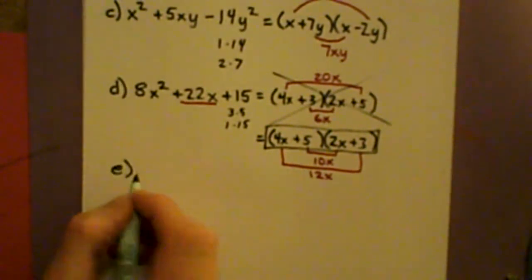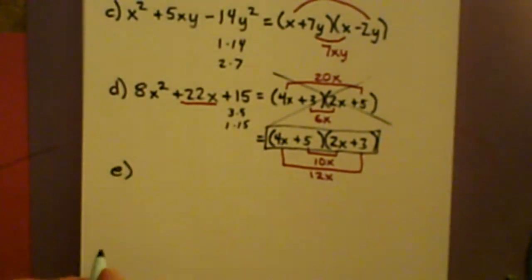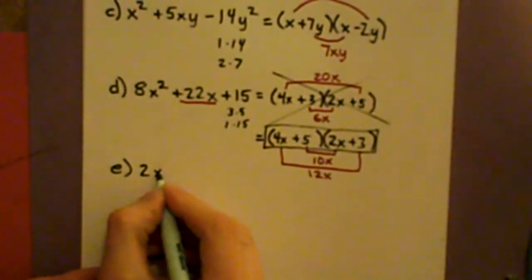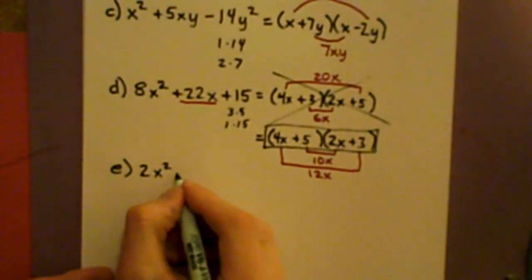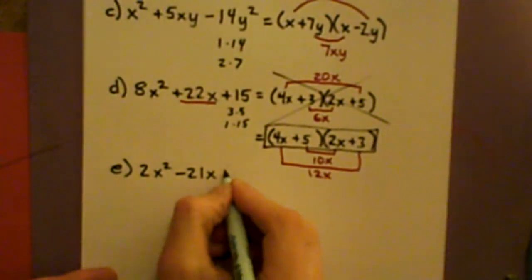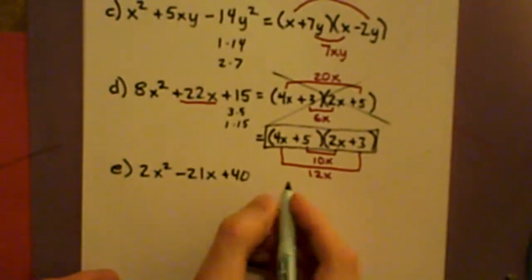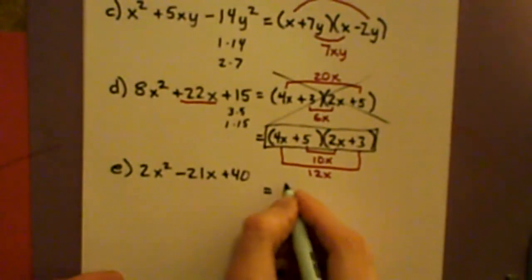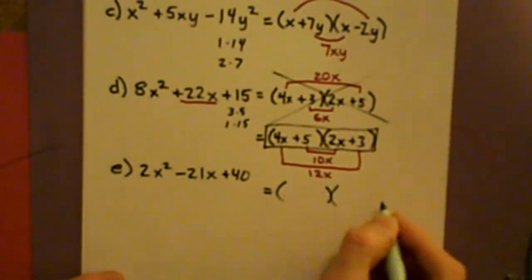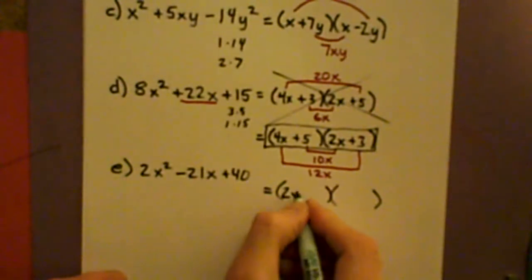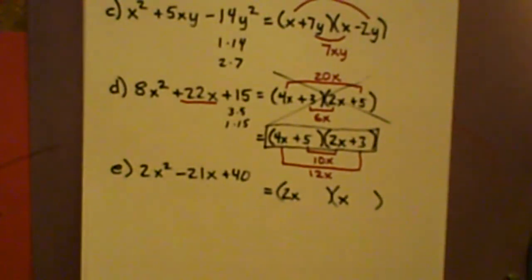Example E. If I take, for example, 2x squared minus 21x plus 40, that should be equal to, well, there's actually only one way to get 2x squared. It's got to be 2x and x.